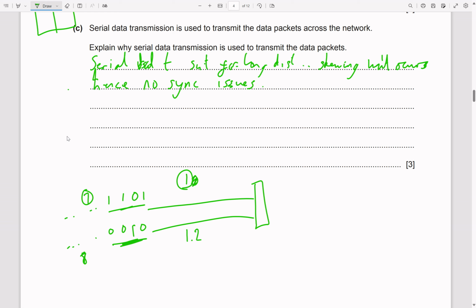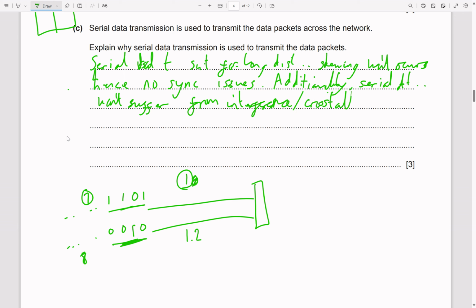Additionally, serial data transmission won't suffer from crosstalk or interference, because there's only one wire.